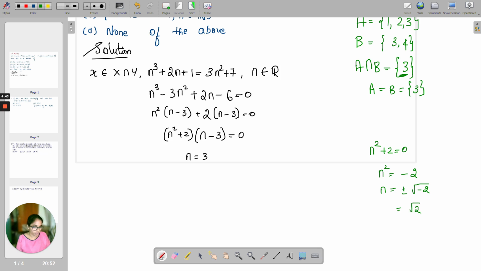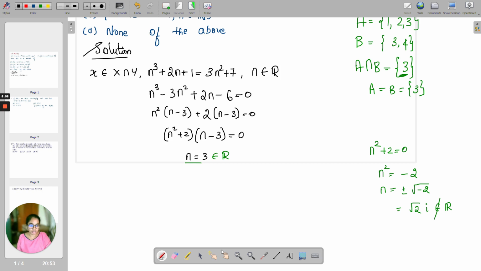It is square root of 2 into i. Does this belong to the set of real numbers? No, right? This belongs to the set of complex numbers. So n is equal to 3 belongs to the set of real numbers. So the value of n is 3. Now using this value of n, let me find the value of x.